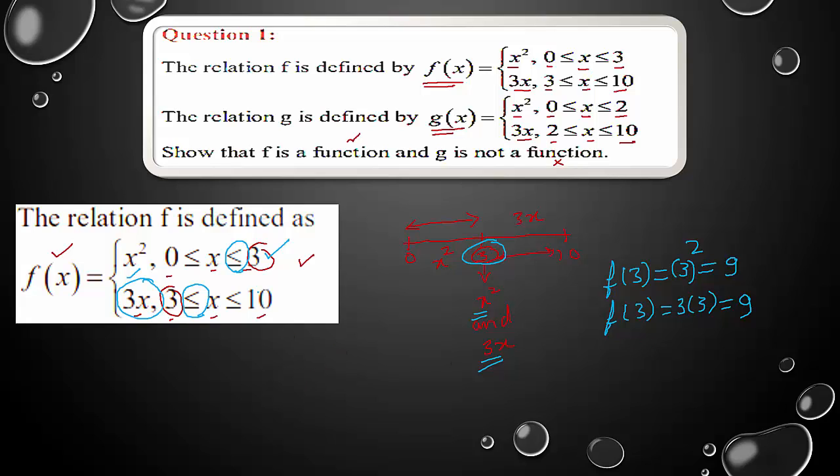That means here 3 is the value of the domain and 9 is the value of the codomain. So 3 maps to 9 in a unique way. Clear? So this we are going to see in the next slide.